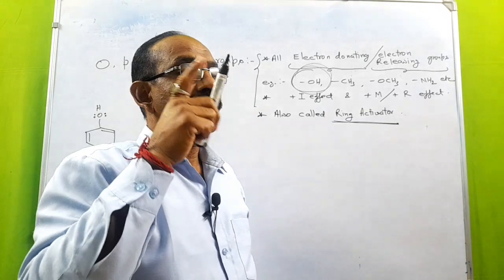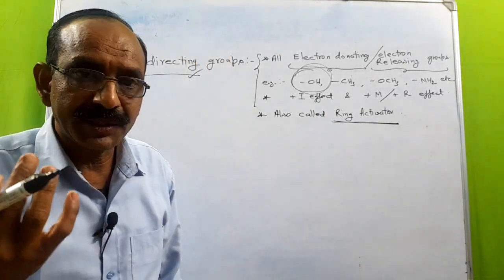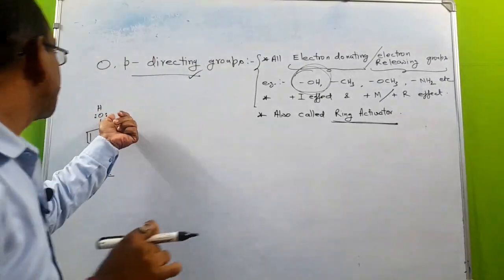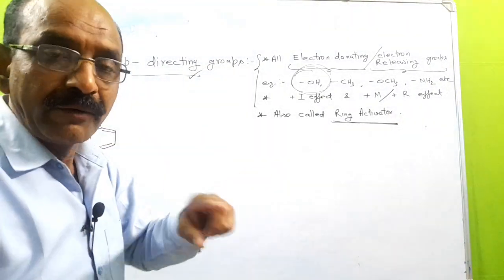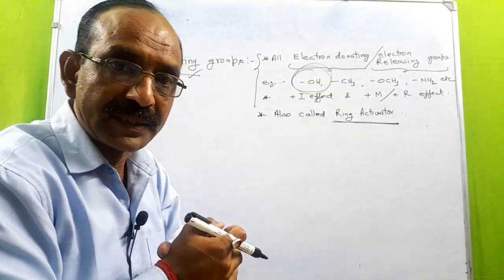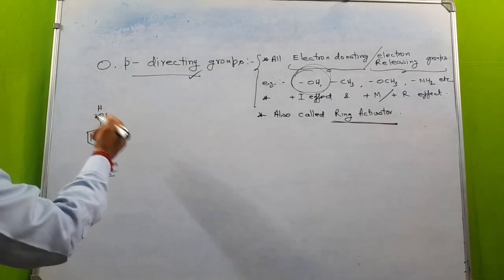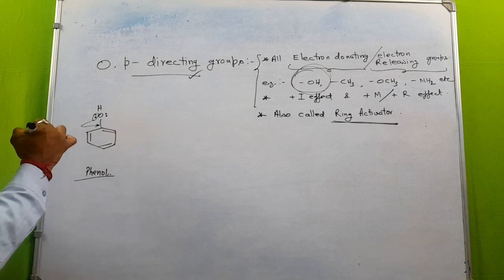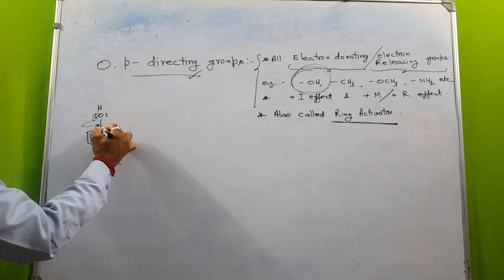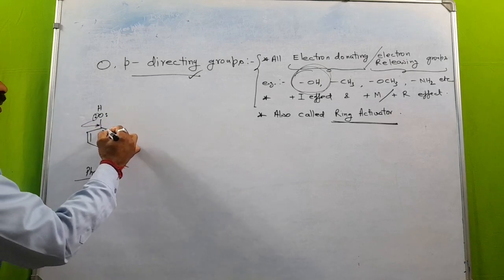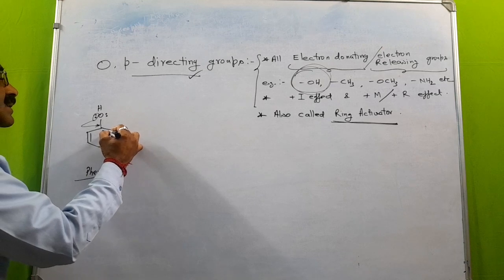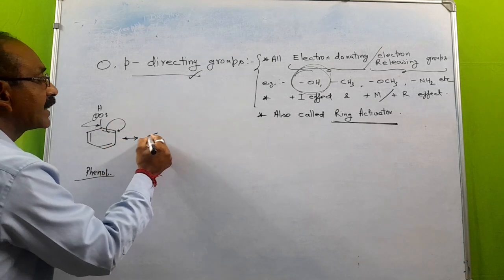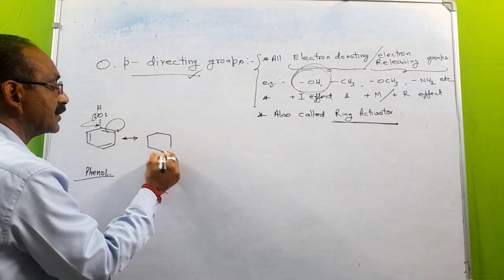Wherever the lone pair lies in conjugation with the double bond, this lone pair will participate in the resonance. See what happens here? This electron pair shifts in the forward direction, and now this carbon will become pentavalent. So simultaneously these pi electrons will shift to the next carbon, and we'll get another resonating structure.